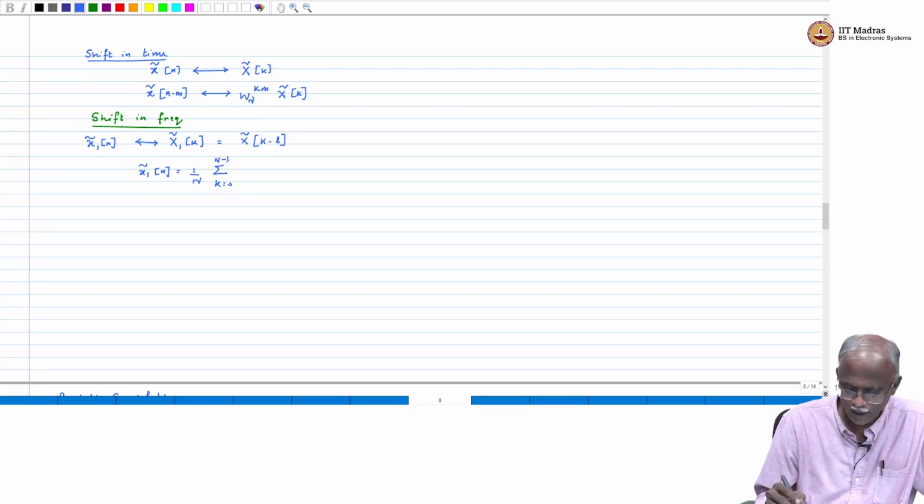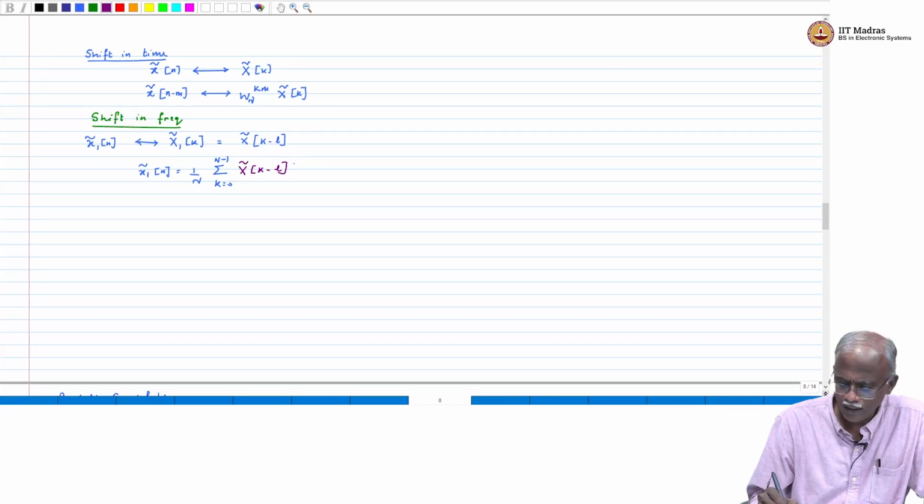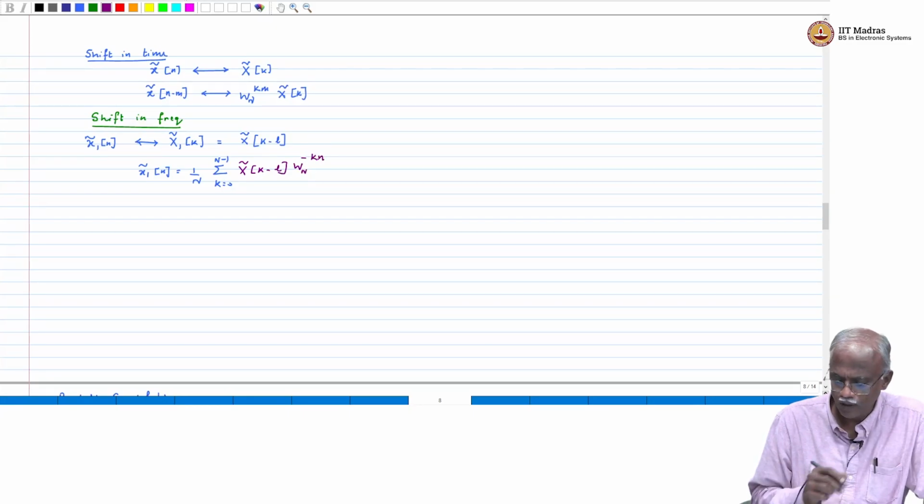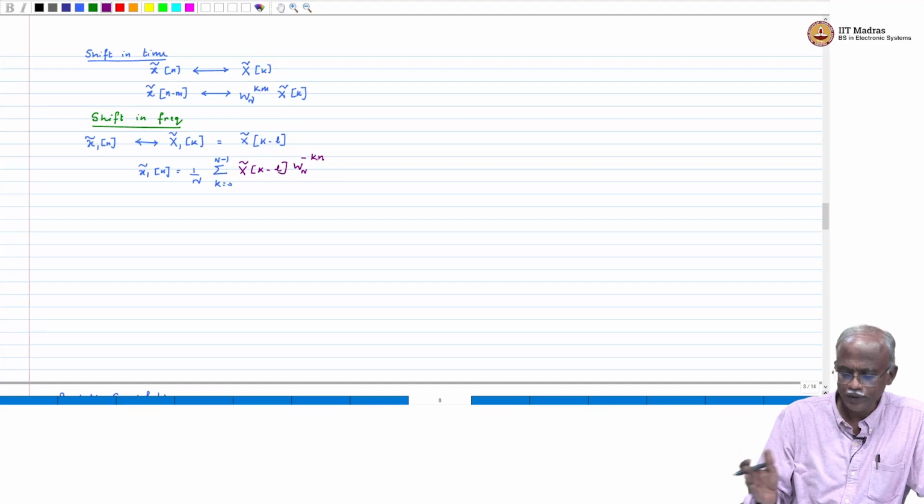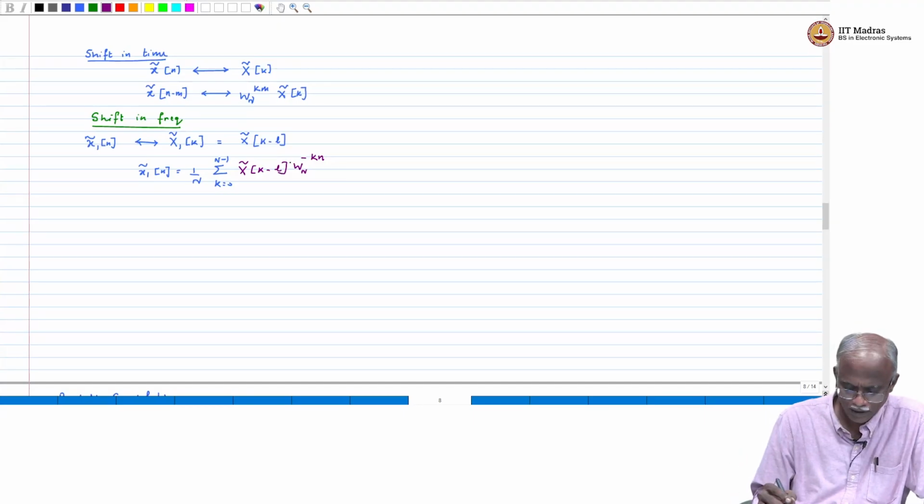It will be X1 tilde of k, but I am going to skip one step and write it down straight away as X tilde of k minus L, W_N^{-kn}. Basically we are doing the synthesis equation.